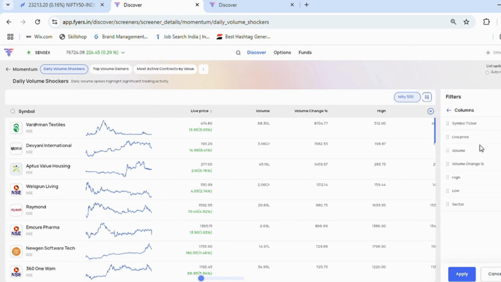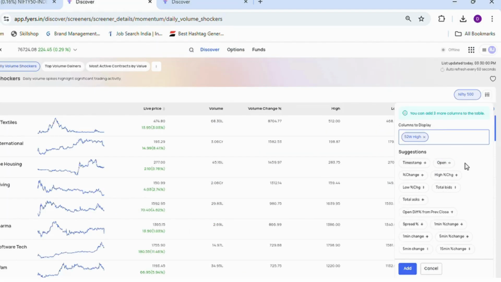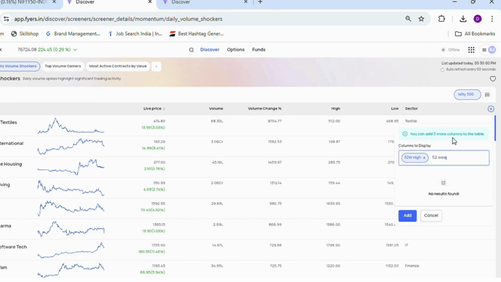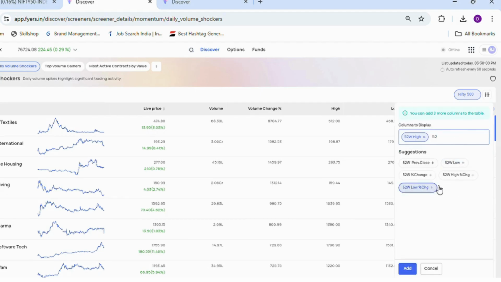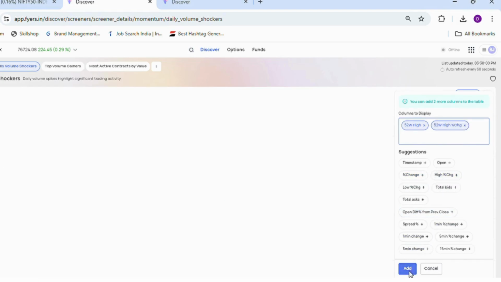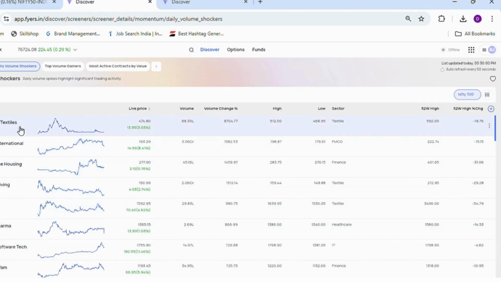Let's go here. These are the columns that are used here. So 52-week high and 52-week high percentage change. Let's add that.